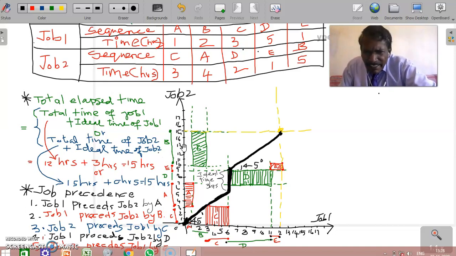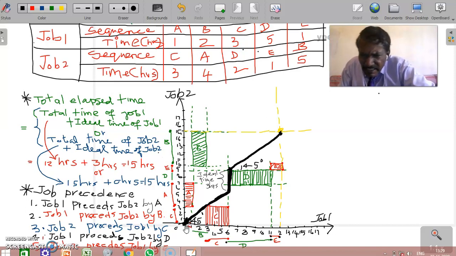Now, what's the precedence? Look at this. On machine A, on job 1, A starts at the initial stage itself, but on job 2, it starts only at the third hour.